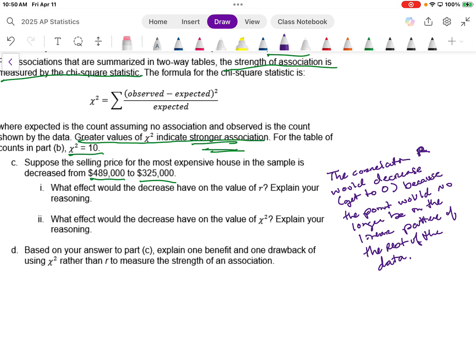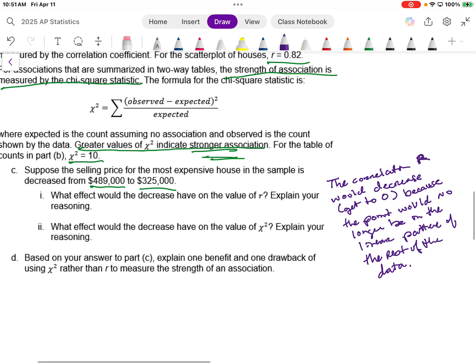So our R value would decrease. It'll go from 0.82 and get smaller. We don't know how much, but it's going to get closer to 0. It may pull us down to the 0.6s or the 0.5s.